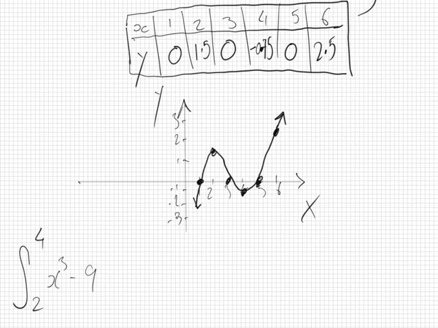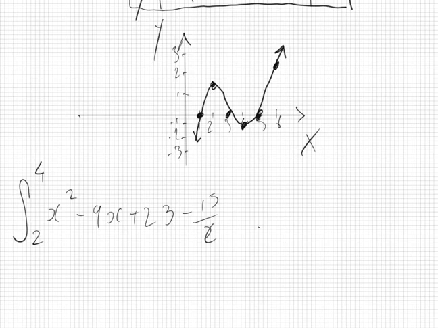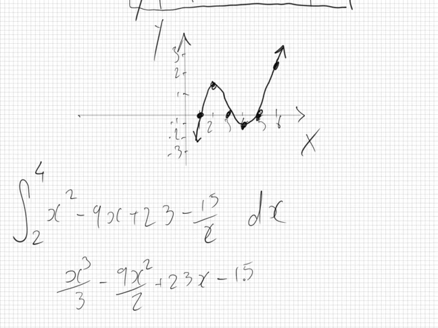They want you to use the x squared minus 9x plus 23 minus 15 over x. The f function. Yep. So first we need to integrate. So this will be x cubed over 3 minus 9x squared over 2 plus 23x minus 15 log x.